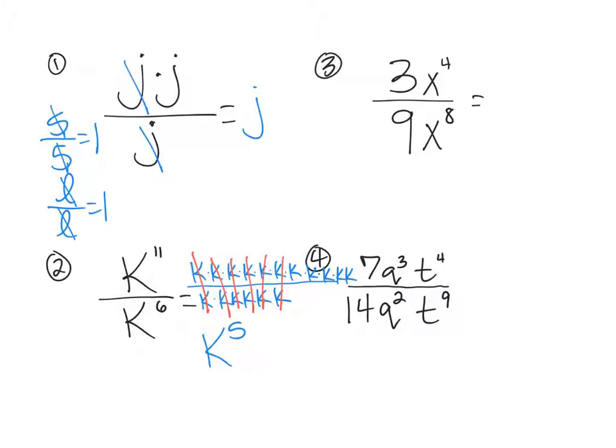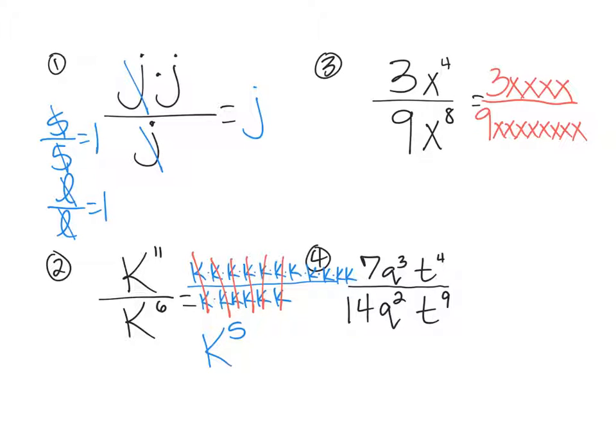Okay, let's go to number 3. I want you to write the 3, then write x, 4 of them, and then the 9. 1, 2, 3, 4, 5, 6, 7, 8.